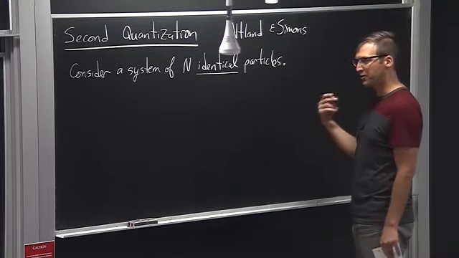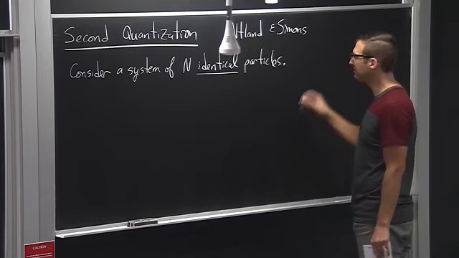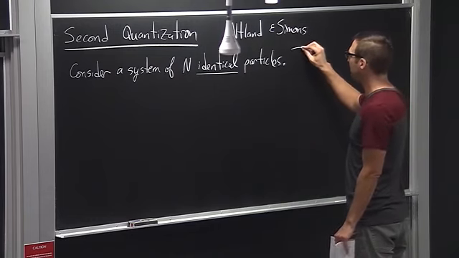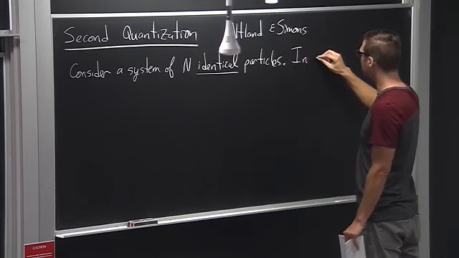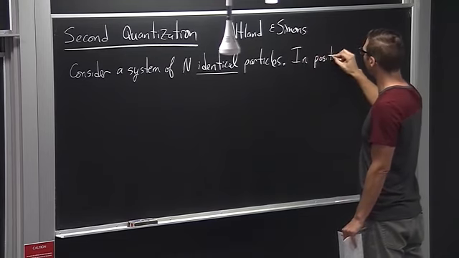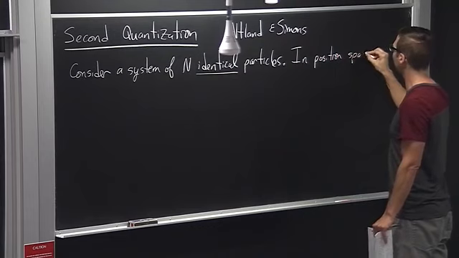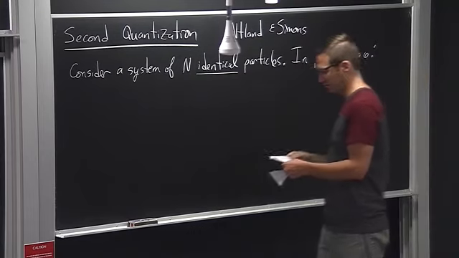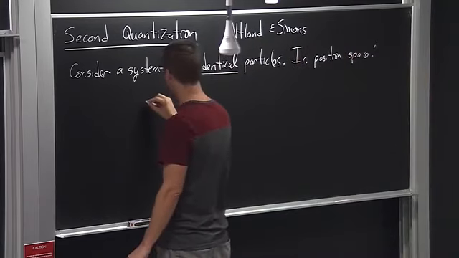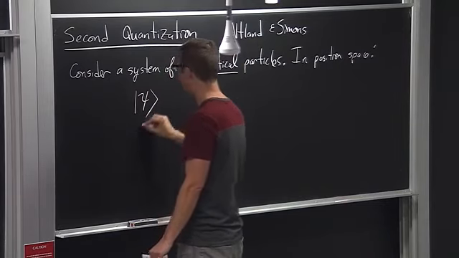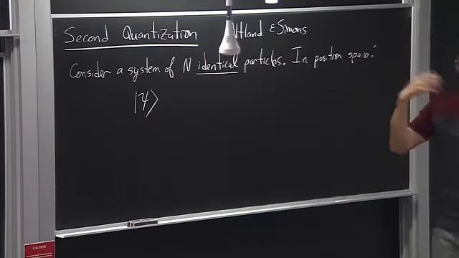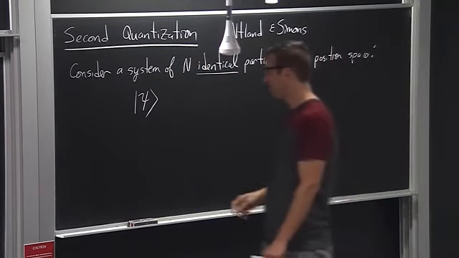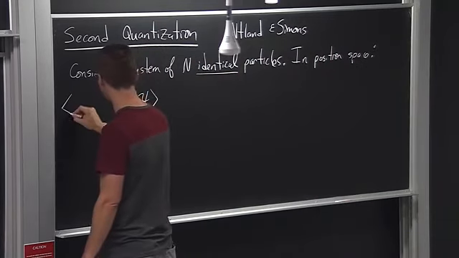The way we're used to writing a wave function for such particles, for example in position space: when you draw it as a ket, it's just some abstract object that hasn't been represented in any basis yet.